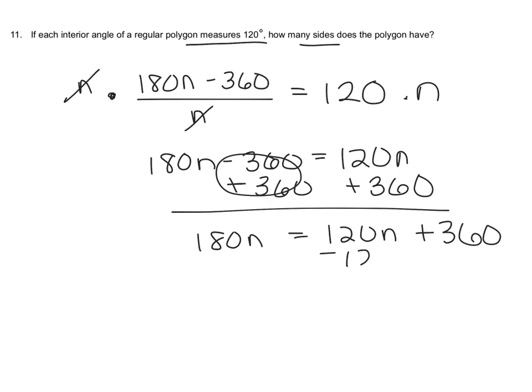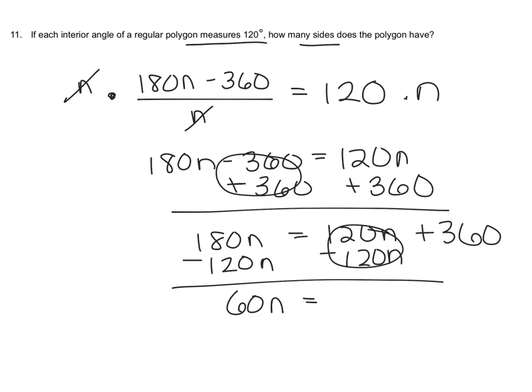Now I'm going to subtract 120n from both sides. That's because I want to get all the n variables on the left side of the equation and all the constant terms on the right side of the equation. If we look at the left side, we have 180n minus 120n. 180 minus 120 is 60n.